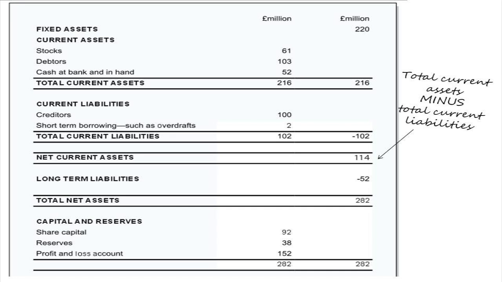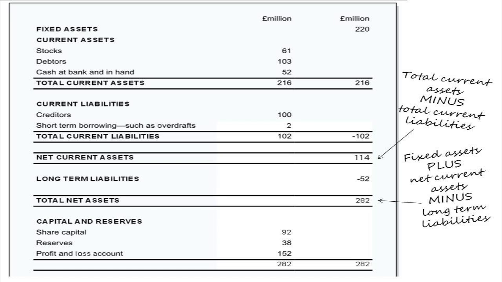So at the top you have your fixed assets, followed by your current assets and current liabilities, and then you'll probably have to work out net current assets, and that is your total current assets minus your total current liabilities. You then have total net assets underneath. You have to add your fixed assets and your net current assets together and take away your long-term liabilities, so any long-term loans that you have.